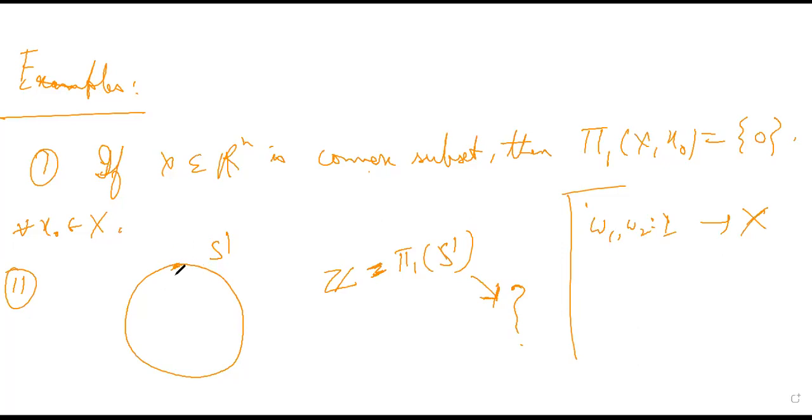The idea is that if you take a base point here, then you can consider this loop, which will be equivalent to 1. Then you consider 2 rounds, equivalent to 2, then 3 rounds, equivalent to 3.